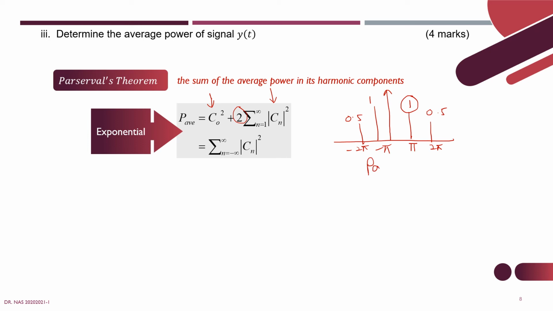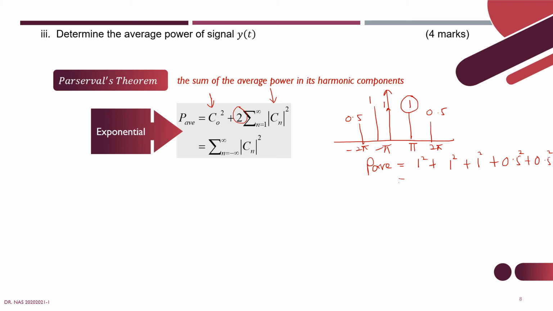So your P average in this case will be, you have your C naught, for example, 1 as well. So P average equals C naught squared, which is 1 squared, plus C pi squared, so 1 squared again, C minus pi squared, so 1 again, plus C2 pi squared, which is 0.5 squared, plus C minus 2 pi squared, which is 0.5 squared.